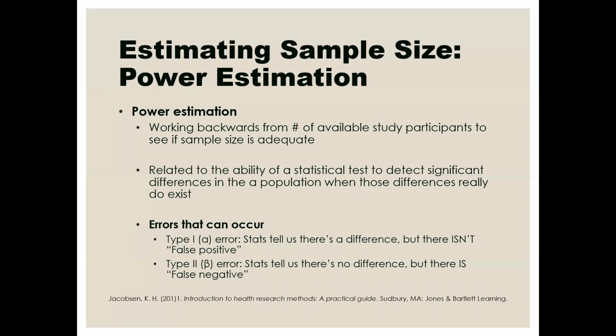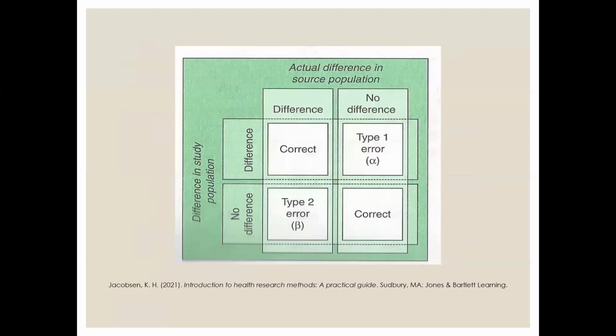So there should have been a finding that said, yes, this protocol works and does significantly impact TBI rehab, but you're saying there isn't, right? So false negatives and false positives are bad. So you want to make sure you have enough people in your sample that you can make sure that the findings you find are true. And this is a visual depiction.